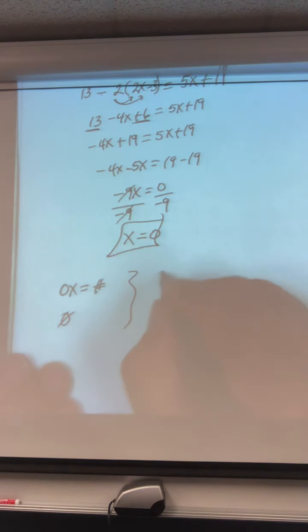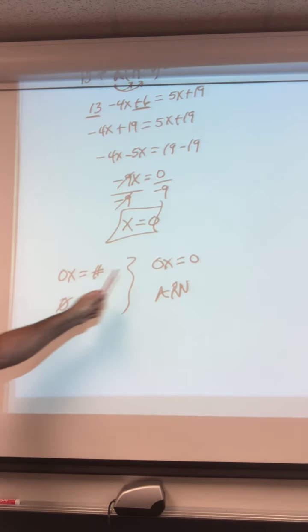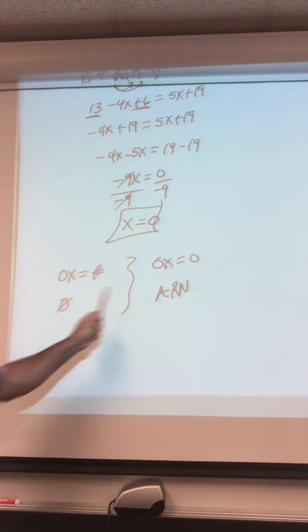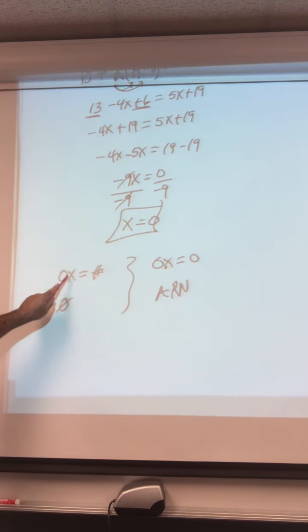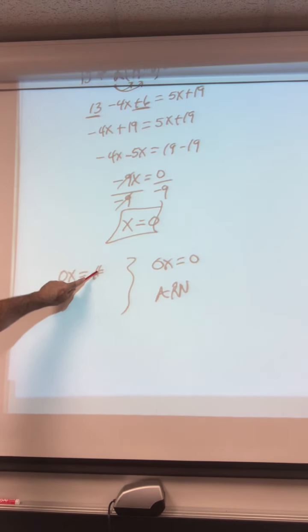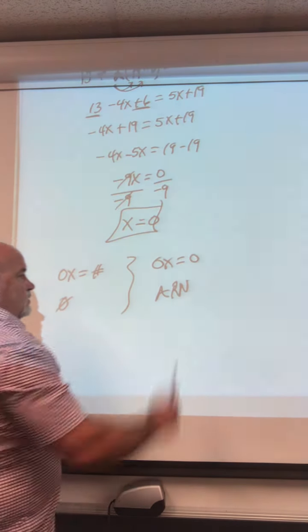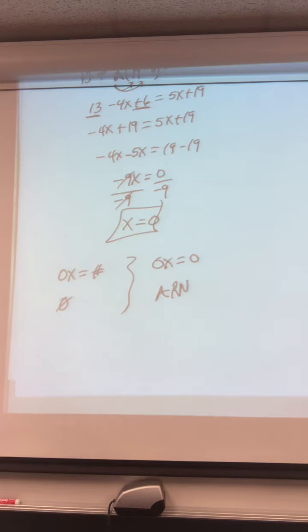But if it's 0x equals 0, that's all real numbers. So if the variable goes to 0, it's either no solution or all real numbers. If it's 0x equals 8, 0x equals negative 3, or any other number other than 0, it's no solution. But if it's 0x equals 0, that's all real numbers, always.